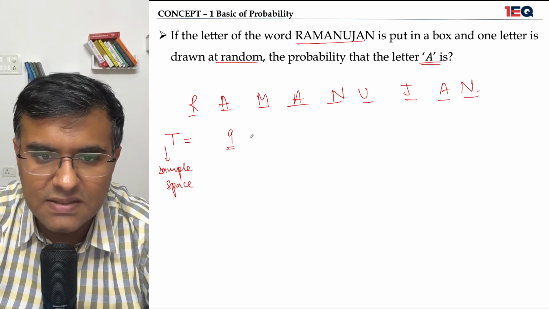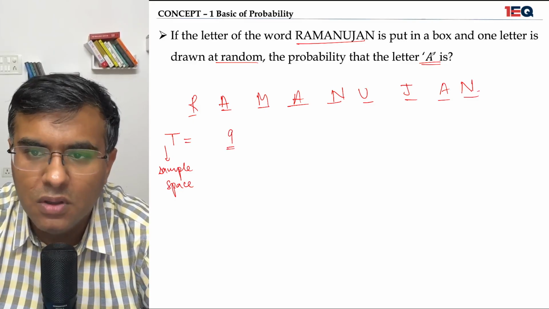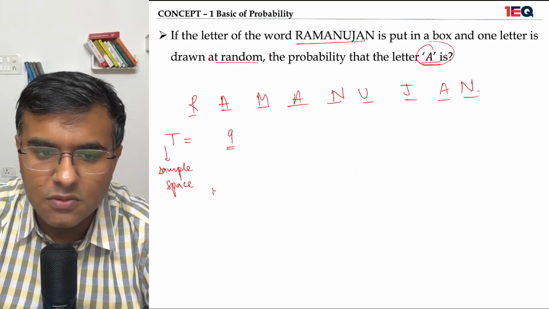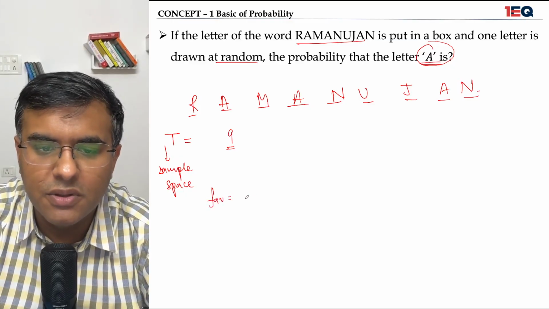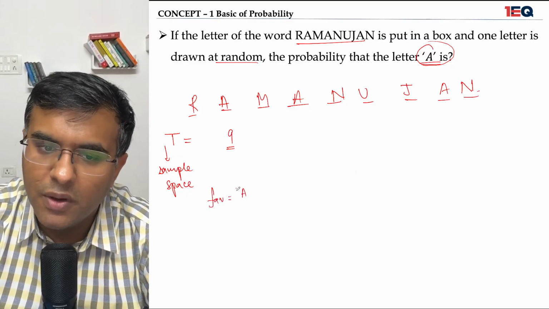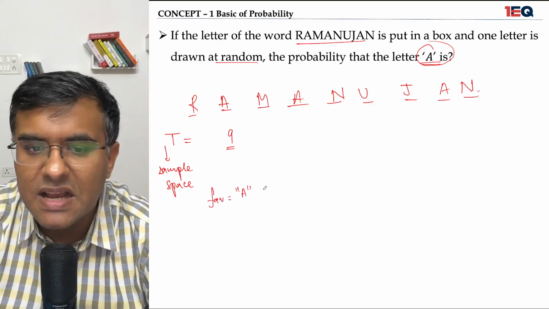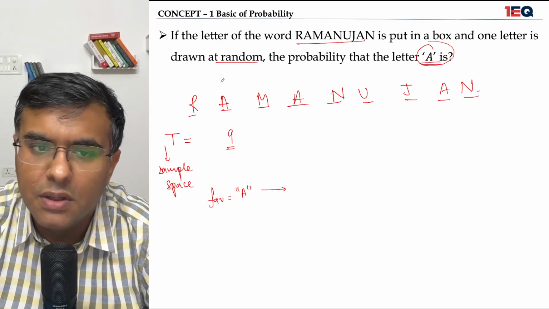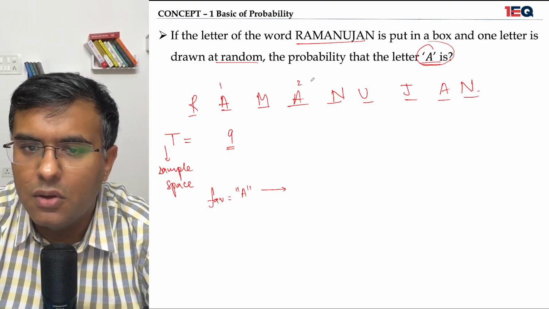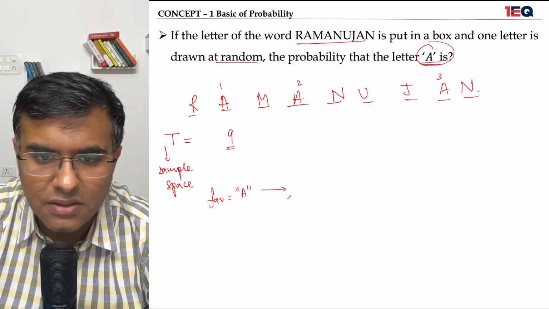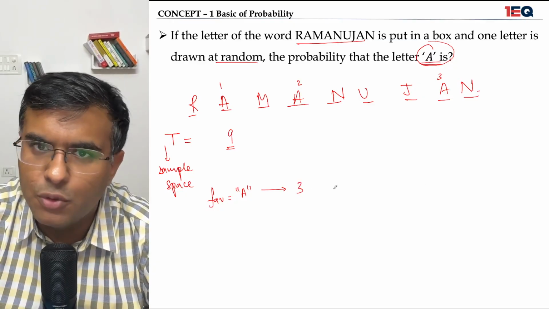After having 9 as the sample space, I would be moving to my favorable event. So my favorable event is the occurrence of A. How many times has A occurred in Ramanujan? The answer is 1, 2, and 3. A has occurred thrice in Ramanujan.